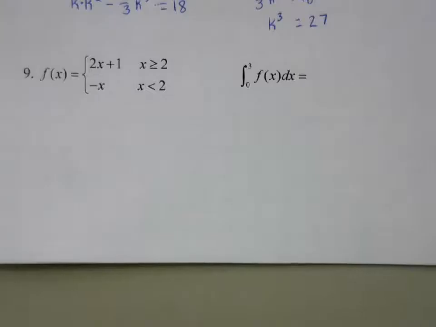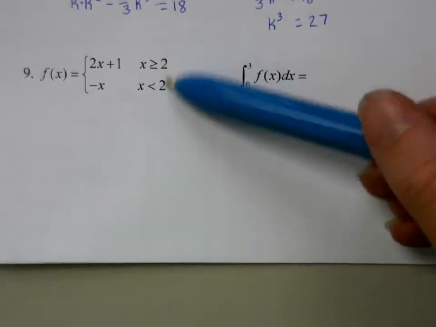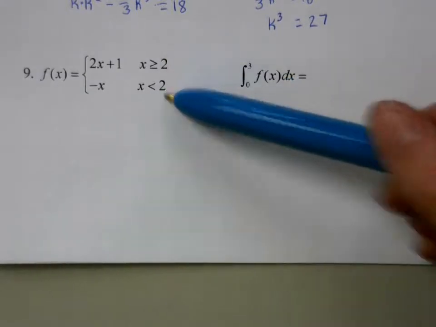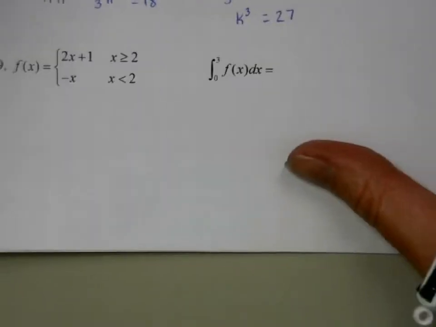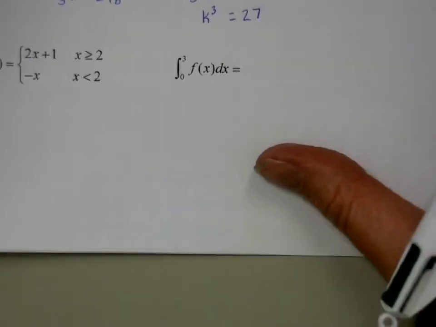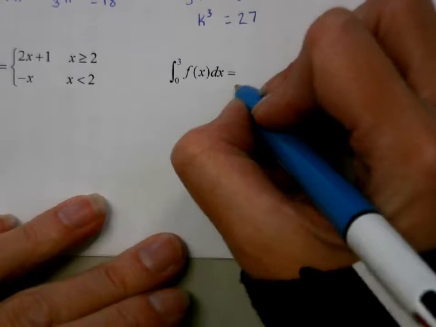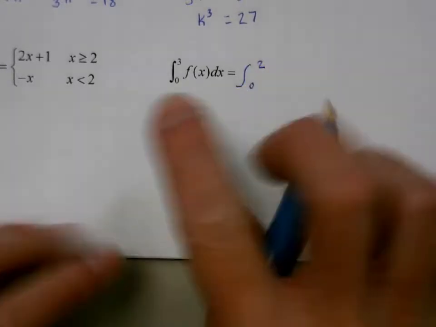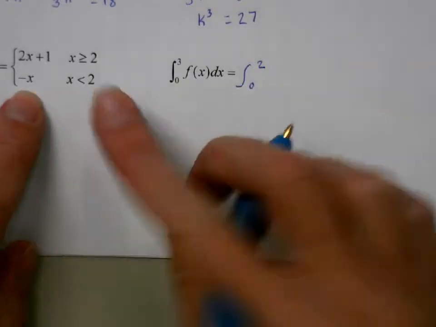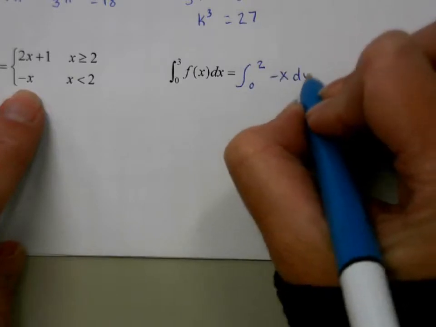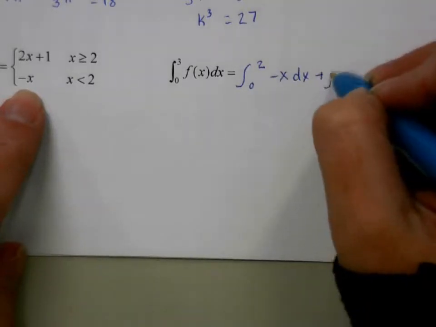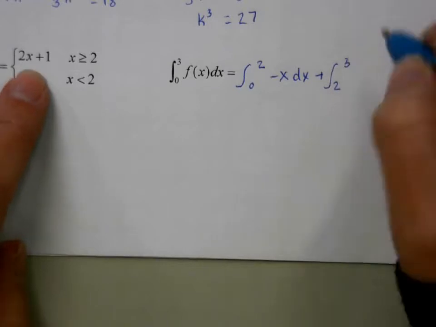Okay, so next I have a piecewise function, and we're going to evaluate the integral from 0 to 3 of this function. Well, the issue is at 2, we switch functions. So what we're going to have to do is write this as 2 integrals. So we're going to have the integral from 0 to 2 of -x, then we're going to add that to the integral from 2 to 3 of 2x plus 1.